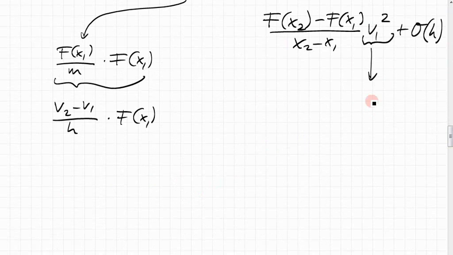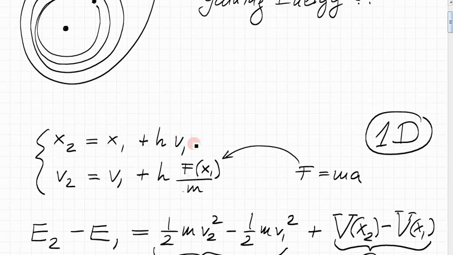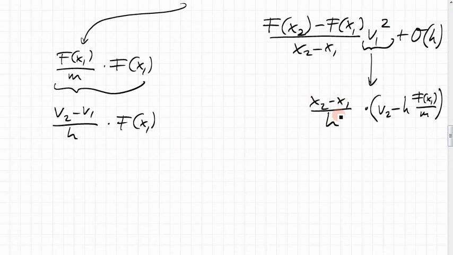So that's one way of computing v1: v2 minus step size times initial force over mass. And for the first copy here, it's v1 squared. For the first copy, I'm using the other equation, v1 equals x2 minus x1 over h, which by the way is not an approximation.